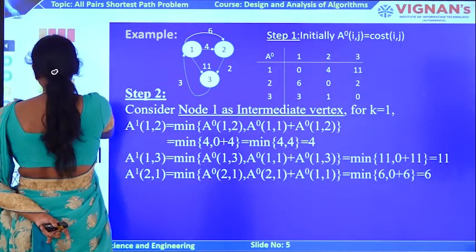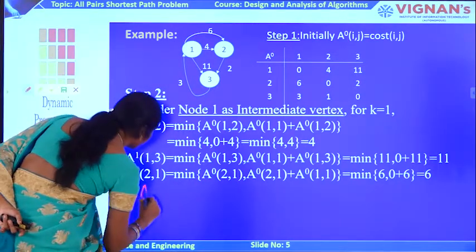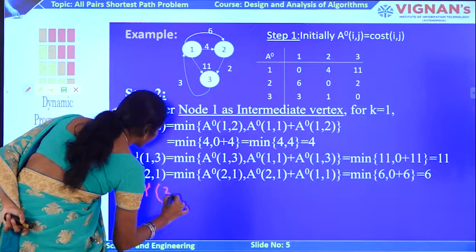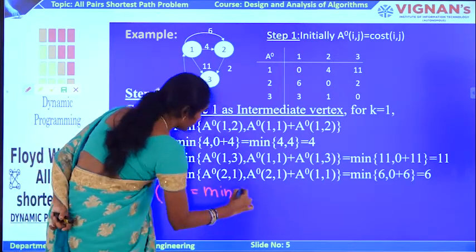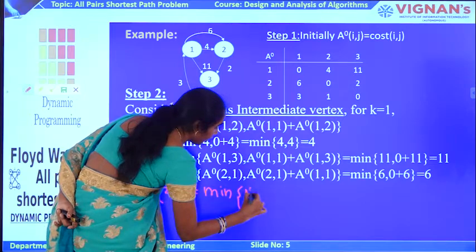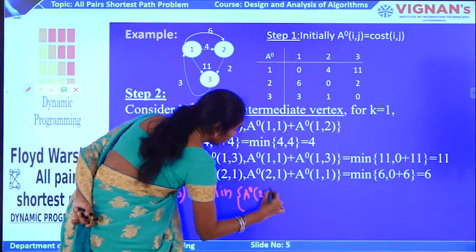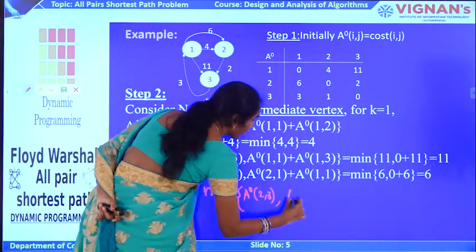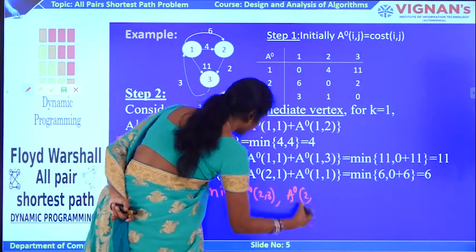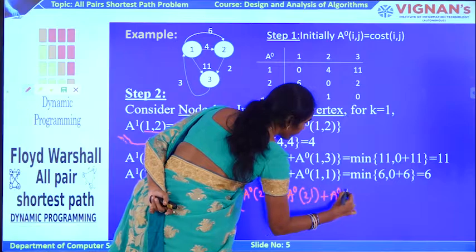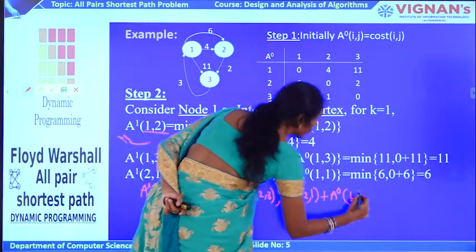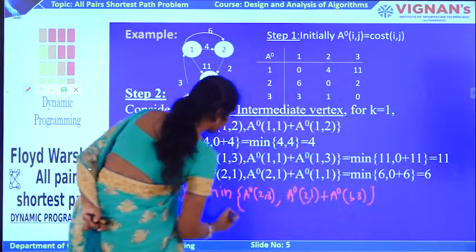Now we will see the next one, which is A1 of 2 comma 3. Let us consider. 2 comma 3 means minimum of A0 of 2 comma 3, or A0 of 2 comma 1 plus A0 of 1 comma 3. So now what will be the values?